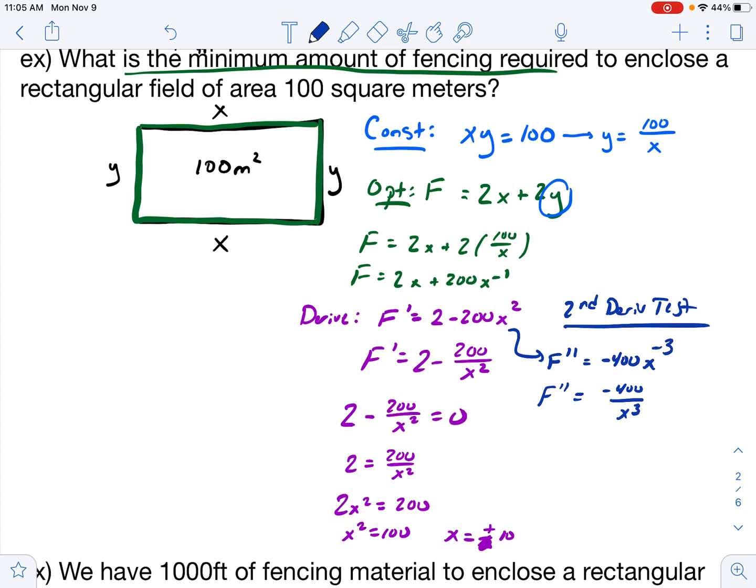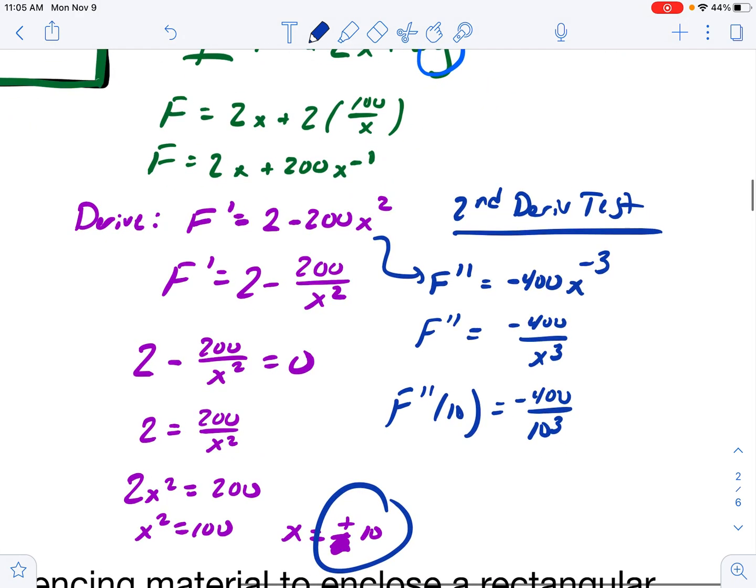So remember, to look at the second derivative test for max min, we look at the sign of the second derivative at our critical point. The critical point's at 10. I want to know, what is f double prime of 10? Well, the numerator's negative, the bottom is positive, so this is going to be less than 0. Okay, f double prime of 10 is less than 0.